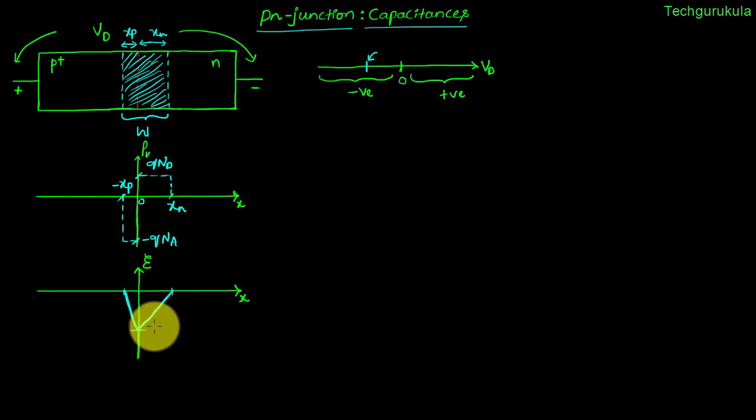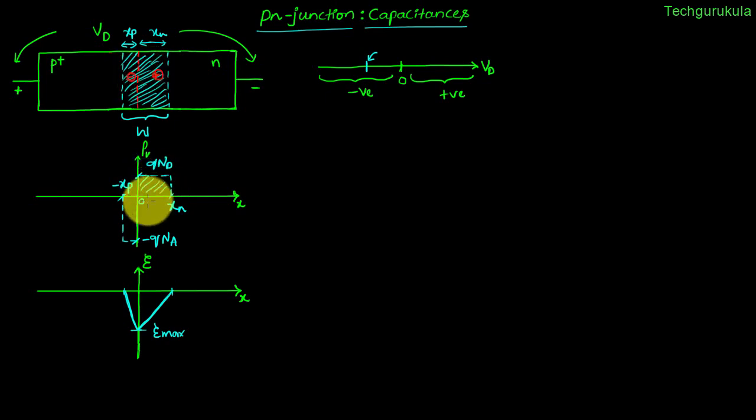Electric field, we have maximum electric field right at the metallurgical junction, which is directed from N side to P side because the charge on N side is positive and charge on P side in the depletion region is negative. So electric field is pointed from positive to negative.